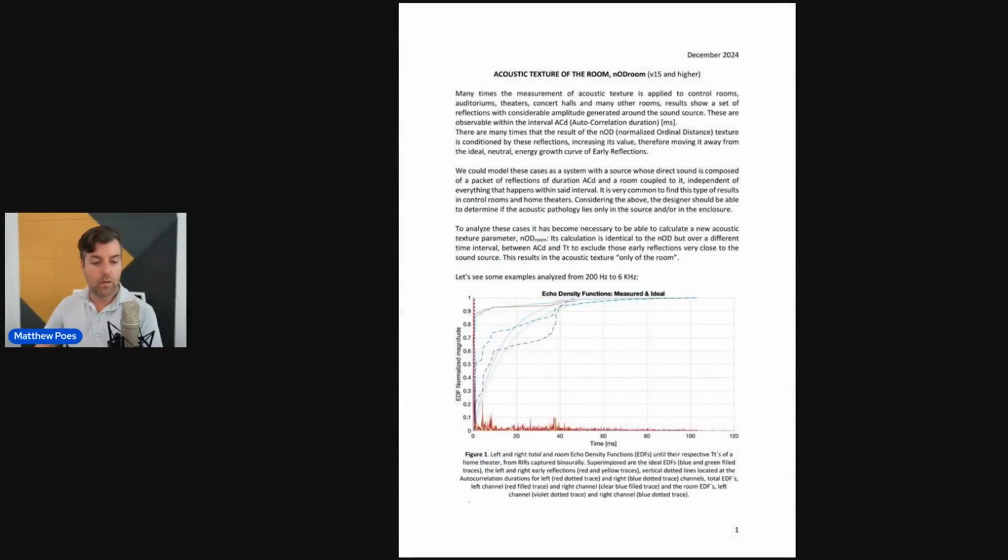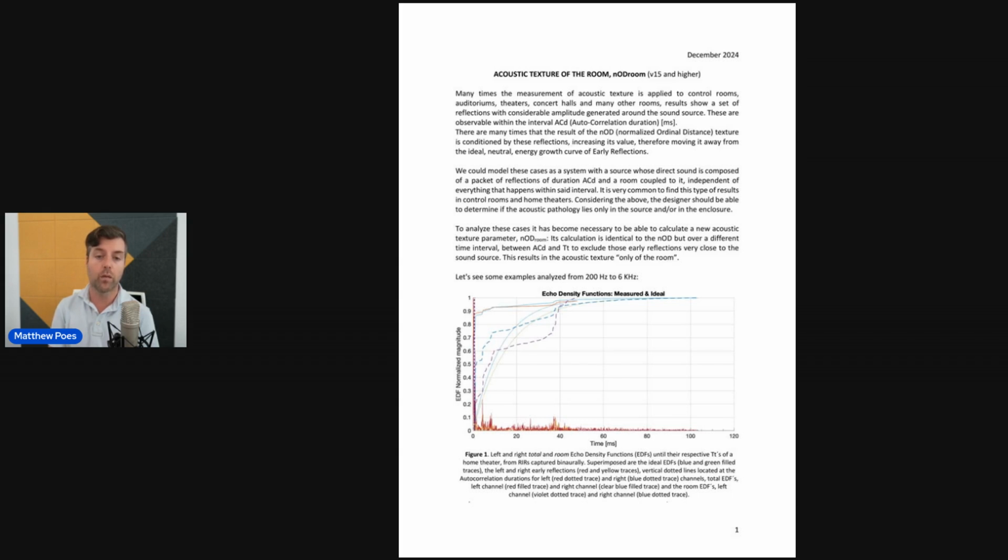All right, I want to show you something else. I think I want to show you this. Here we go. So when version 15 of the software came out, which is the version that we're using, he actually made some changes to it. So he says, many times the measurements of the acoustic texture is applied to control rooms, auditoriums, theaters, concert halls, and many other rooms.